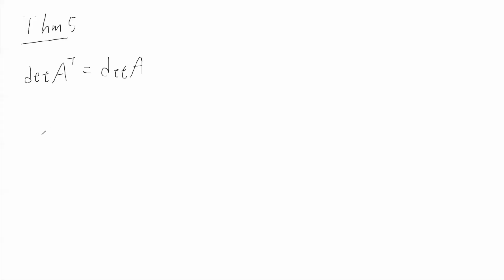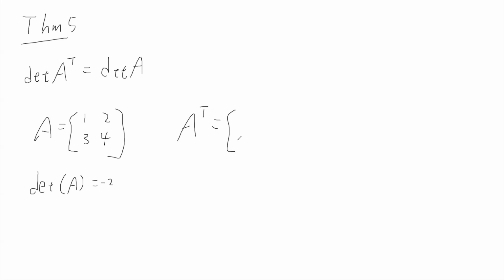To show you this, you can look at a really simple example, 1, 2, 3, 4. We know the determinant of A is -2. And the transpose of A will be 1, 3, 2, 4, like that. Let's check the determinant of the transpose of A: 1 times 4 minus 2 times 3. Boom, done. They are the same.